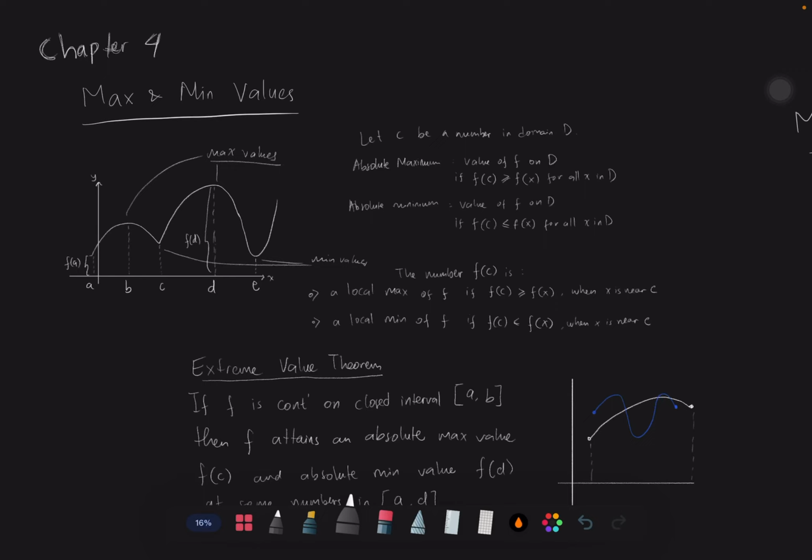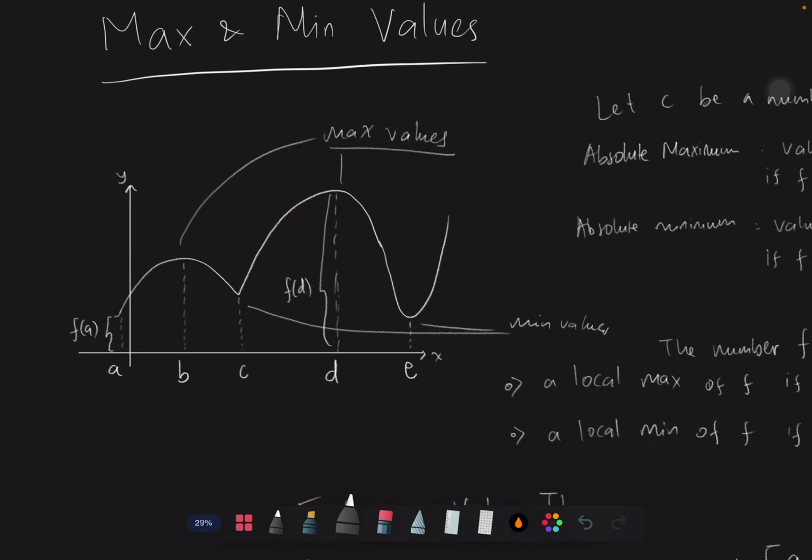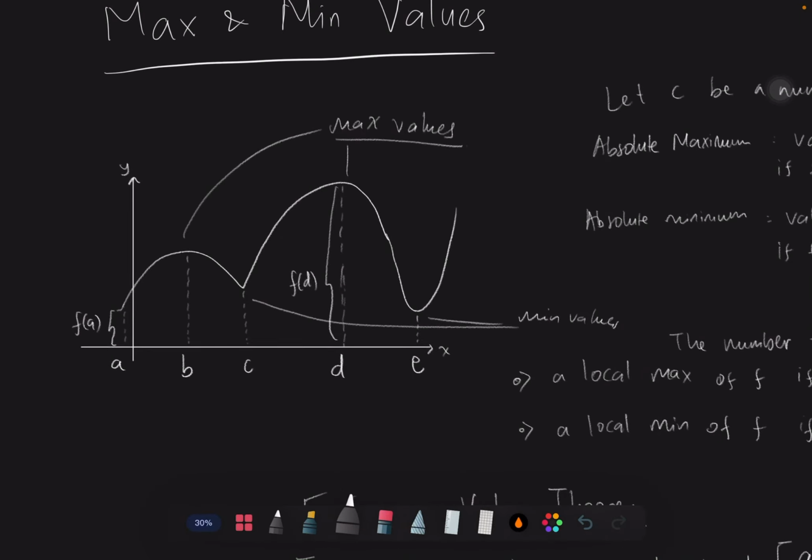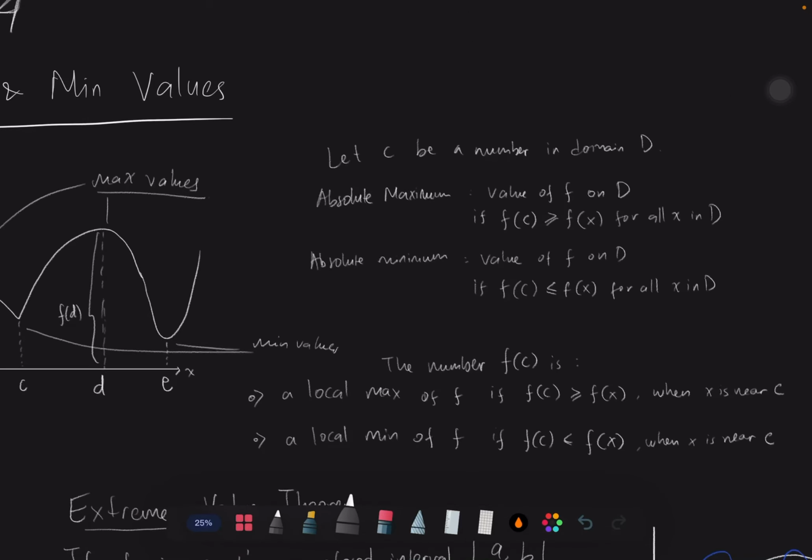So what we have discussed is chapter 4, which is the introduction on application of derivatives. In the first section, we will learn about the maximum and minimum values. If you see the graph, you will notice that we can determine which one is the maximum value and the minimum value.